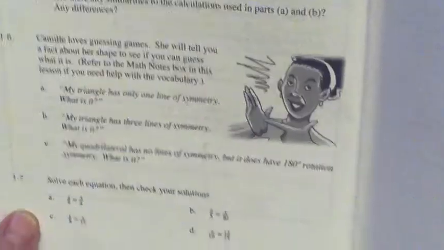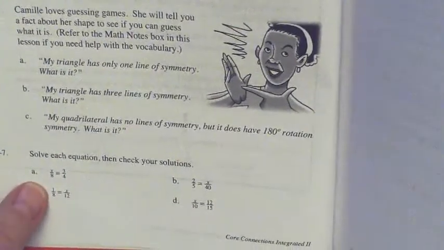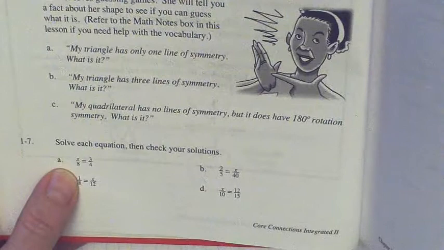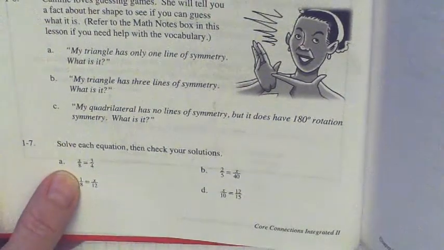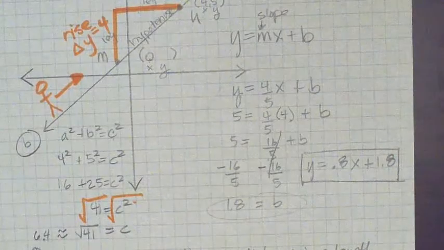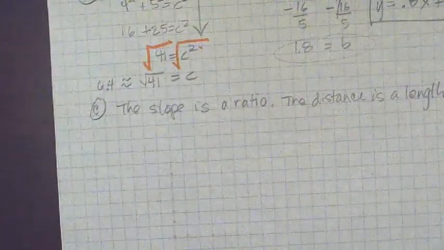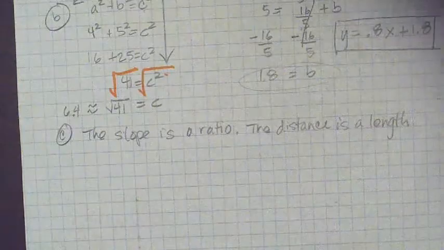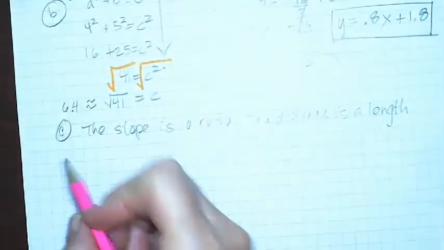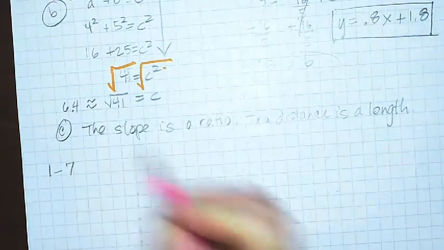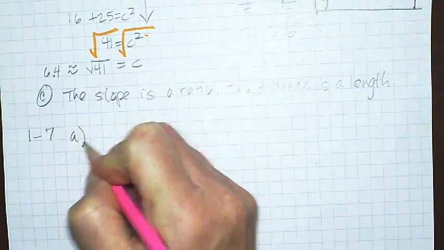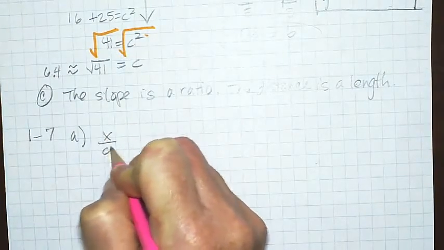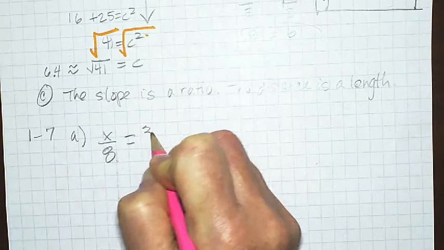Okay, moving on to 1-7. We have several proportions, and we're going to solve them. For 1-7, part A, we have x over 8 equals 3 over 4.